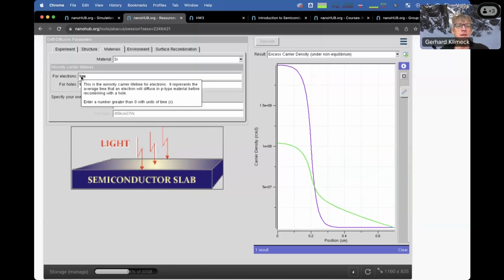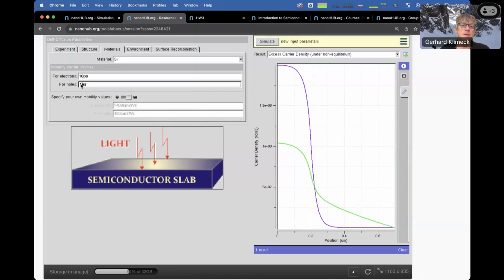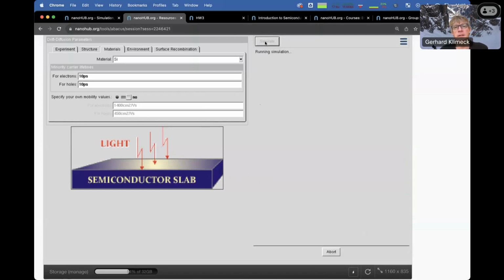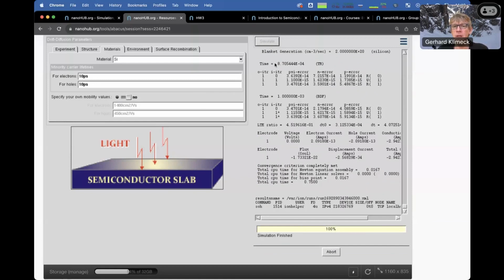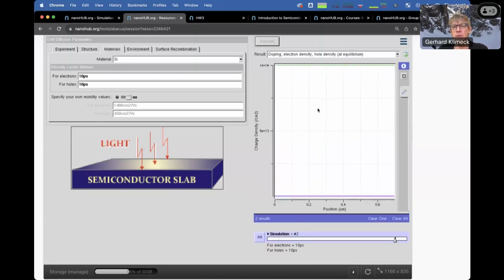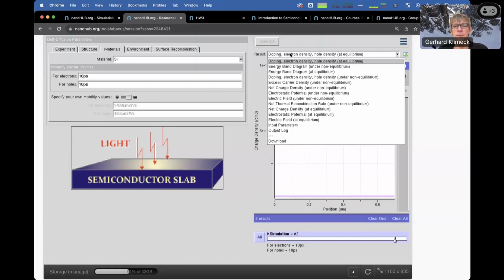Now if I make the lifetime a little bit bigger, 10 and 10, we should see that we overall have more minority carriers, and slightly different curves because these carriers don't get recombined as fast.